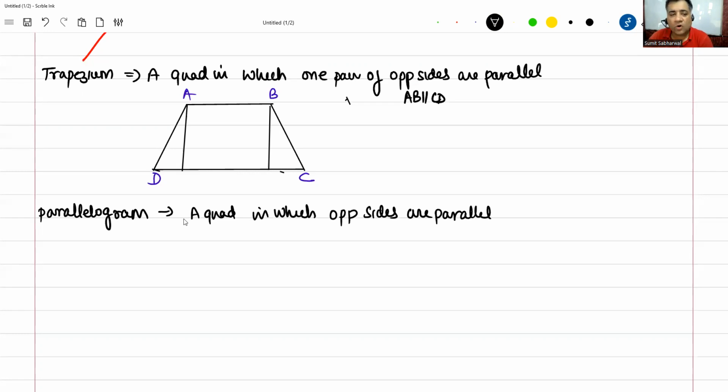But apart from the opposite sides, there are other properties as well. We will be doing each and every property of a parallelogram as we move ahead in the chapter. So a quadrilateral in which opposite sides are parallel. So let's make up a parallelogram.